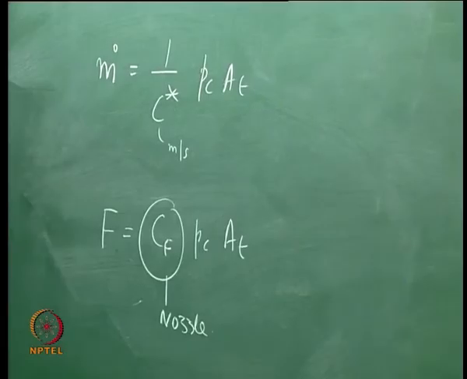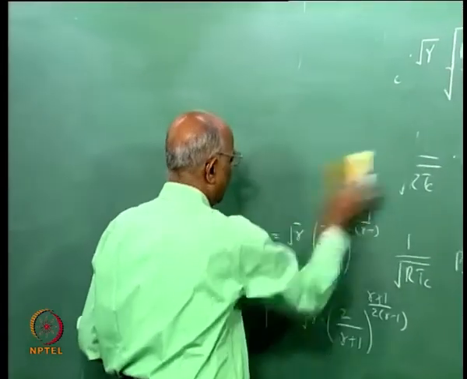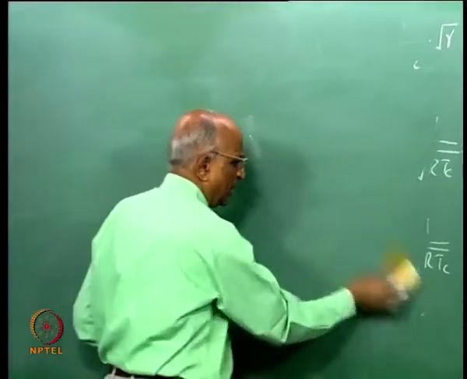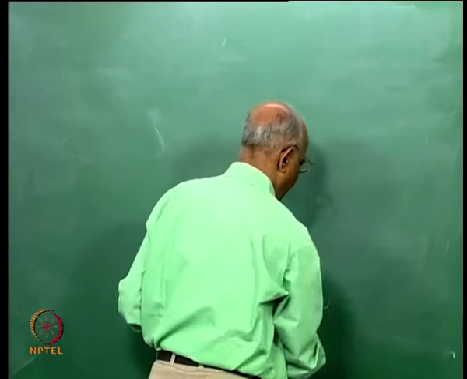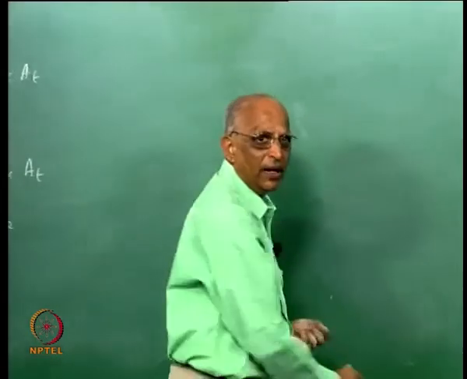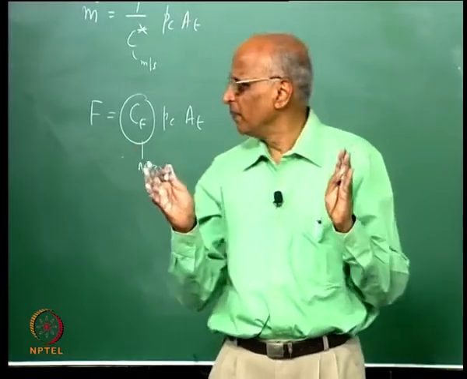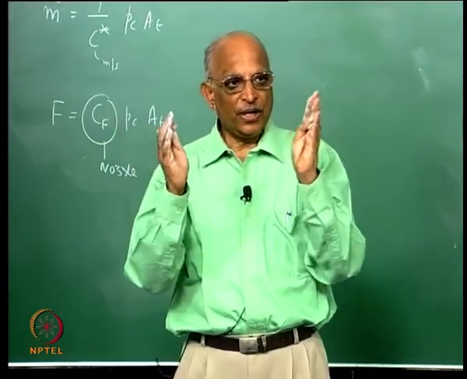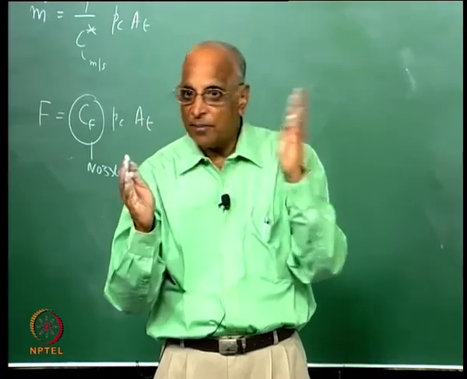I think I need to go a little deeper into this particular expression. Therefore, let us write out these two expressions in a slightly different form and dwell on this for maybe the next couple of minutes, and with that I think we would have done some justice to the nozzle. But before that, I would like to again emphasize what we have done so far. We took a nozzle, we assumed the nozzle is adiabatic, reversible flow, isentropic flow, one dimensional flow.